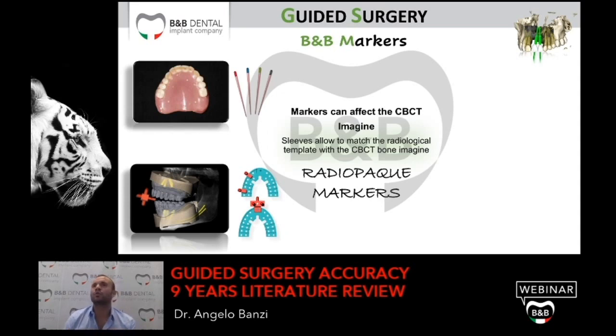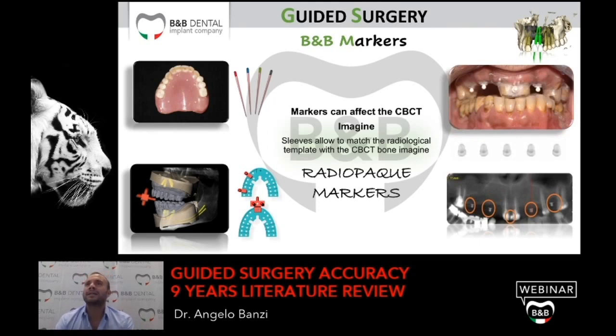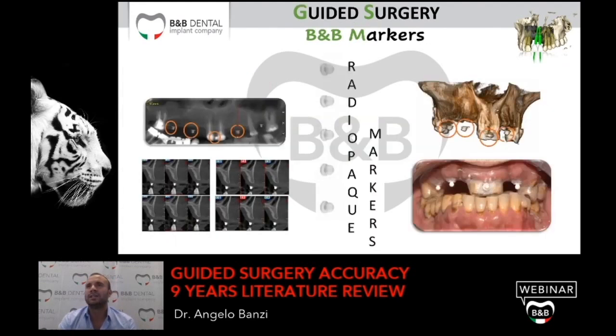Well, actually, what we use are these radiopaque markers, very small, little, rounded. They are very easy to use because you just have to attach this marker over the radiological template. 5 of them, and it's done. The work is done.